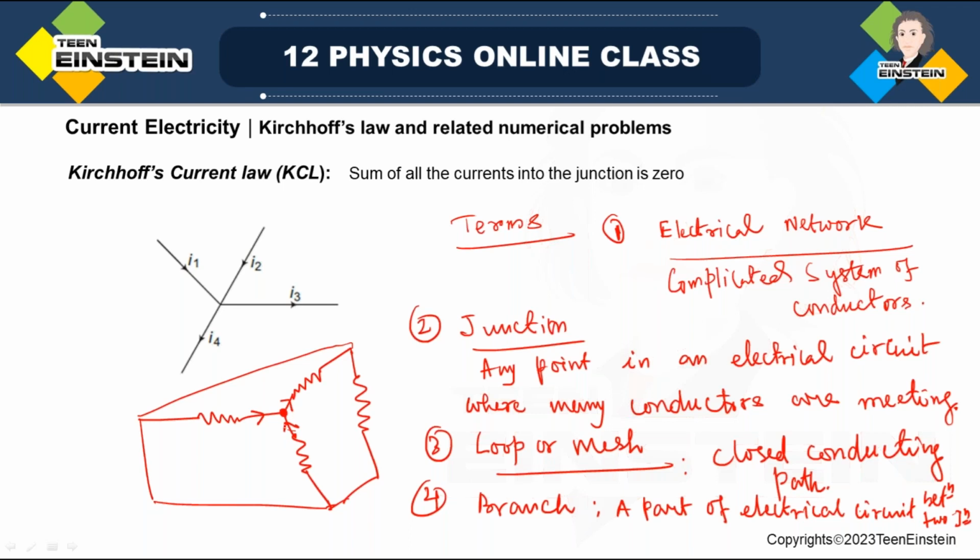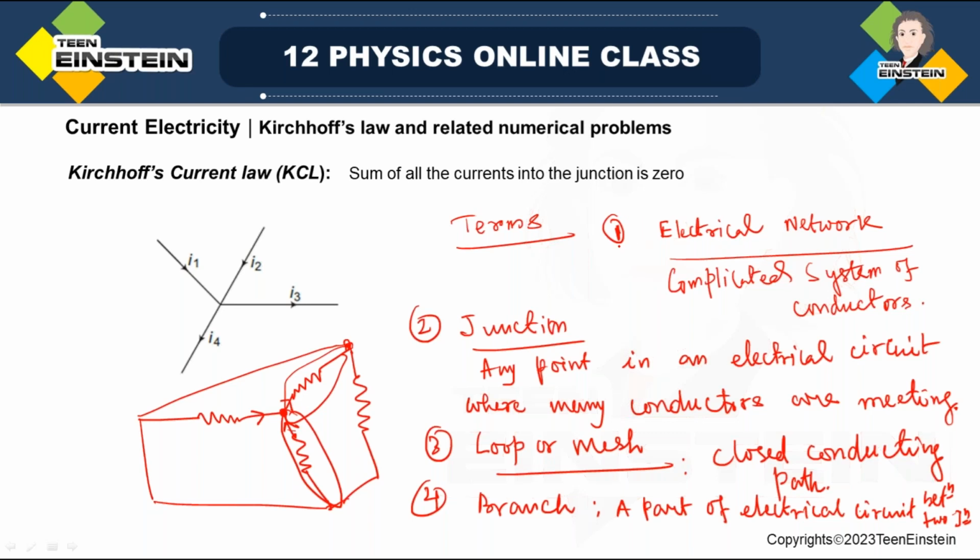Let us say this particular thing is one branch. This also may be one branch, because there is one junction here and another junction here. So a branch is a part of the network that lies between two junctions.